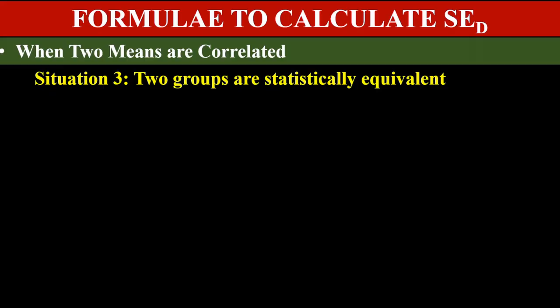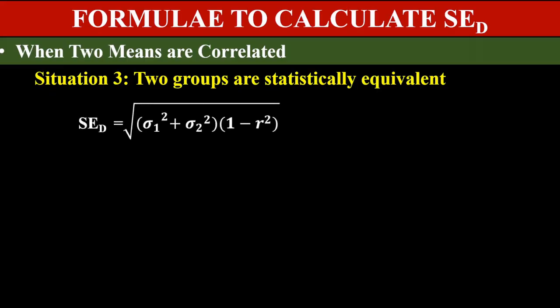In this situation, when two groups are made equivalent, this formula is used to find SED, as shown on the screen. SED is equal to root of (sigma 1 square plus sigma 2 square) times (1 minus r square).